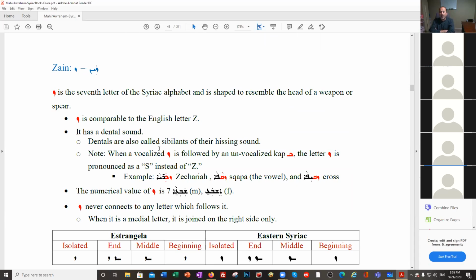For example, I say skharya, not zgharya. When it is followed by cap, the sound of zain is S.